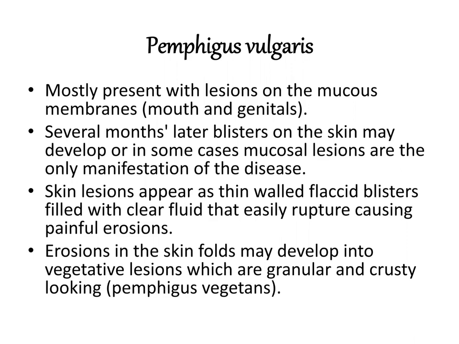So the lesions are flaccid because only a few epidermal cells will be in the roof of the blister. So it is intraepidermal, that is inside the epidermis. So it will be flaccid blisters and it will rupture, causing painful erosion. Sometimes there may be vegetative, growth-like lesions in the flexures, then we call it pemphigus vegetans.